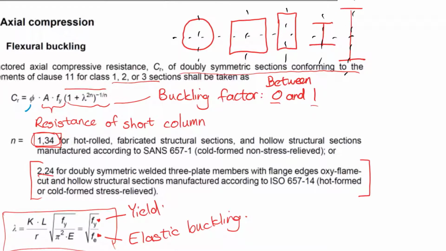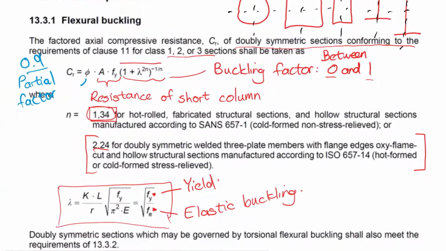Each of those dotted black lines serves as an axis of symmetry. These sorts of members behave fairly consistently. They don't have funny twisting behavior, lateral torsional buckling, or flexural torsional buckling, etc. So they will be governed by this first clause.